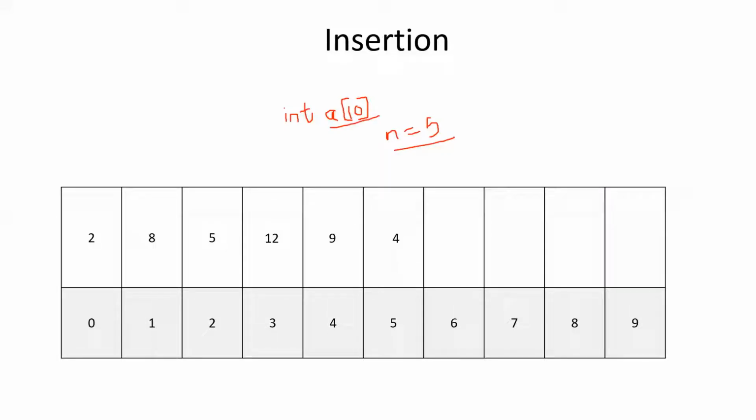Sometimes you will make it 10, otherwise you will enter only 5 numbers, right? In order to execute the sorting algorithm and all, we will be entering just 5 numbers. All other places will be empty, right? You may be entering 6 numbers or 5 numbers or 7 numbers, whatever be the number of elements. The remaining positions will be empty.